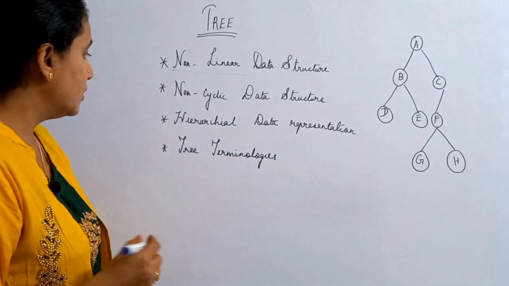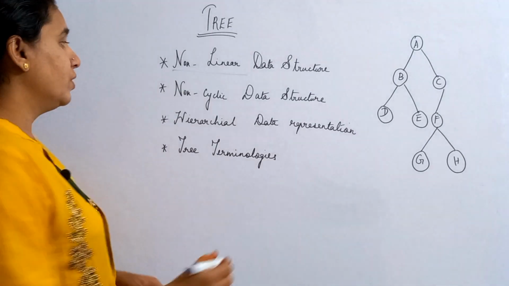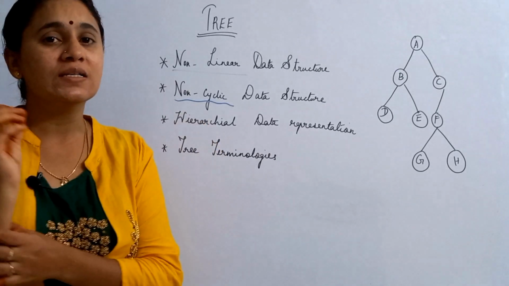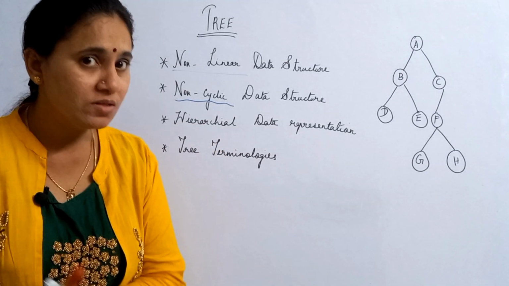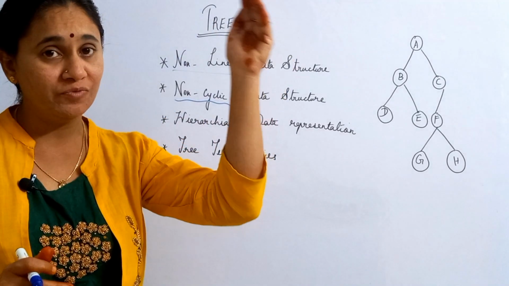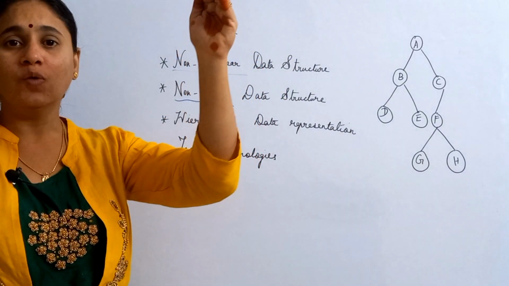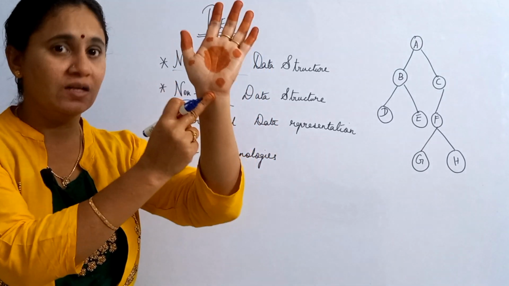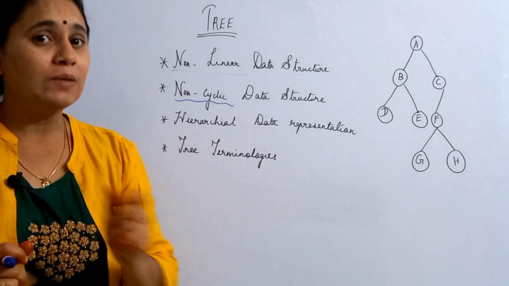Okay friends, so next you see another important point. It is a non-cyclic data structure. So what is a cycle first? Tell me, what is the meaning of a cycle? A cycle is where you start from the first point, travel, and once again end in the same place. That is called a cycle. So the starting and ending are at the same location.